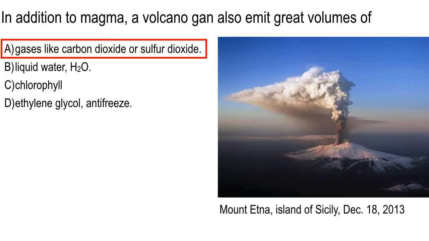If you've ever heard of Mount Vesuvius and the destruction of Pompeii in southern Italy by the eruption of Mount Vesuvius, I believe that what killed all those people wasn't the ash that you see up in this cloud. See, it's kind of grayish brown.